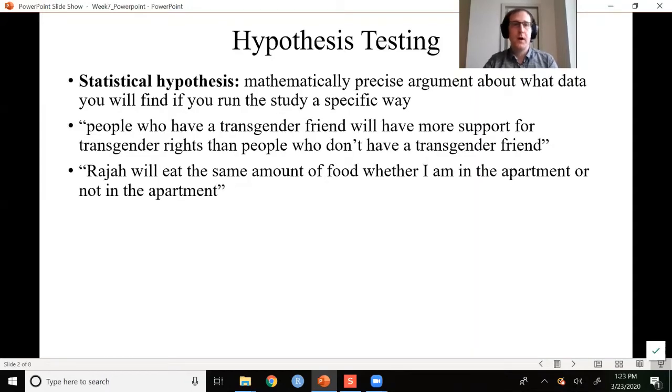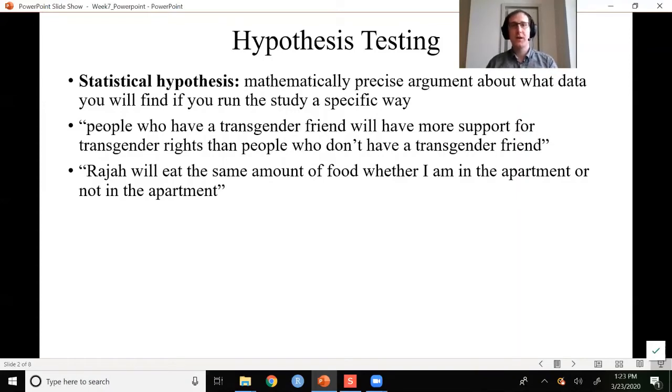So for example, in a study I did recently, I was looking at what encourages people to support transgender rights. And the hypothesis I had there is that people who have a transgender friend will have more support for transgender rights than people who do not have a transgender friend. So I was able to give a survey, and I compared participants who had a transgender friend to those who did not have a transgender friend.